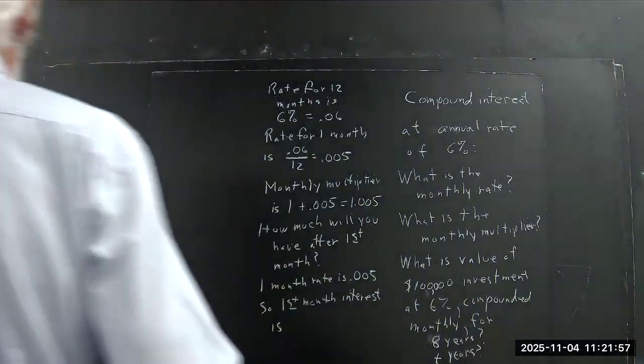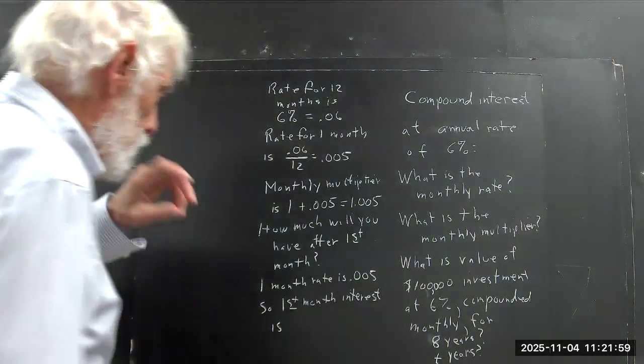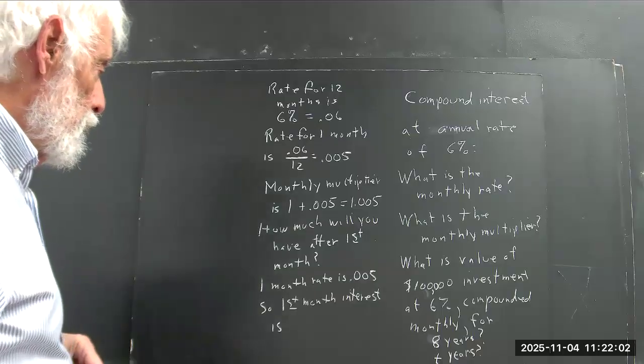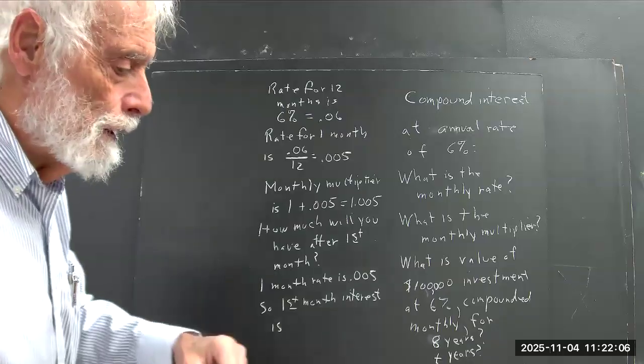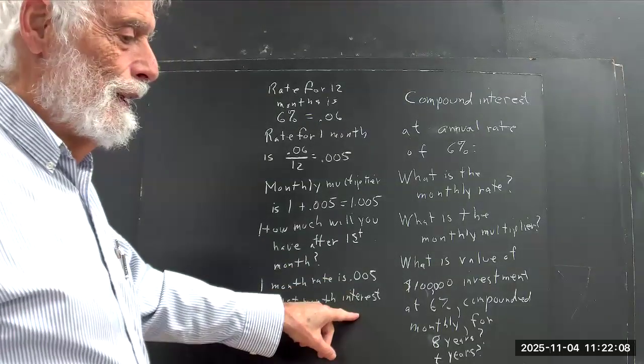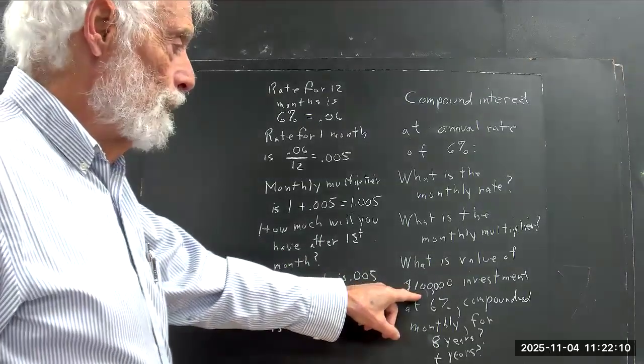Now, there's typically a little bit of trouble with this. Let me address that. To get the interest, you multiply the rate by how much money you've got.